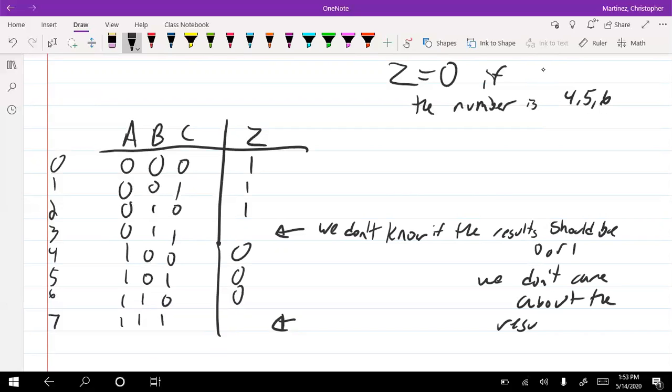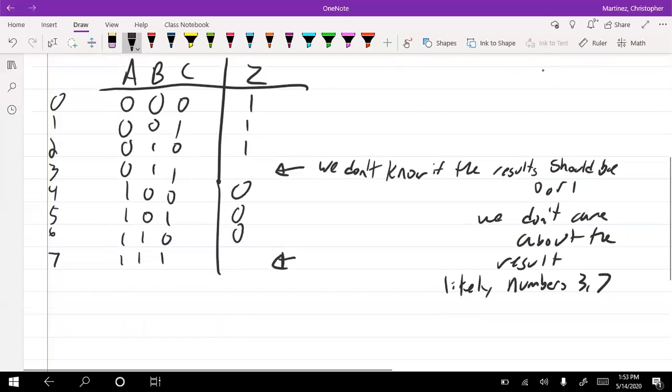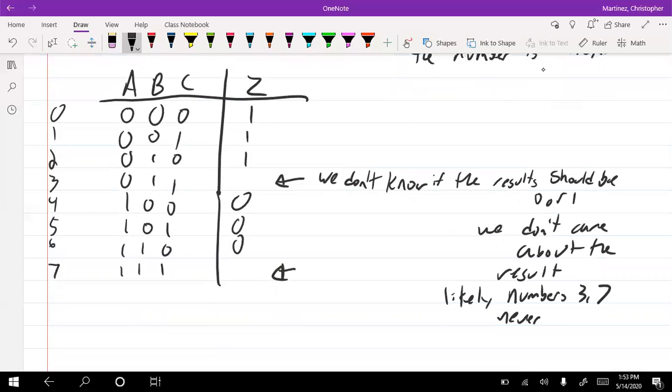Likely, numbers 3 and 7 never occur. If they were to have occurred, we probably would have given information about what they should evaluate to. So for don't care, we're going to use an X. So don't care is an X.